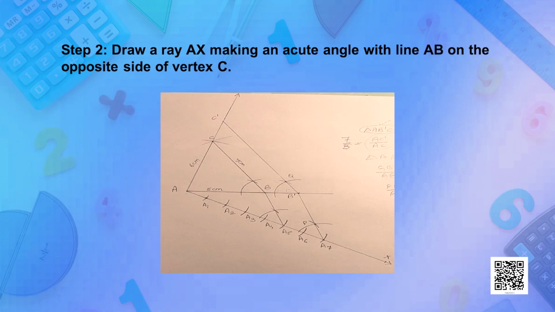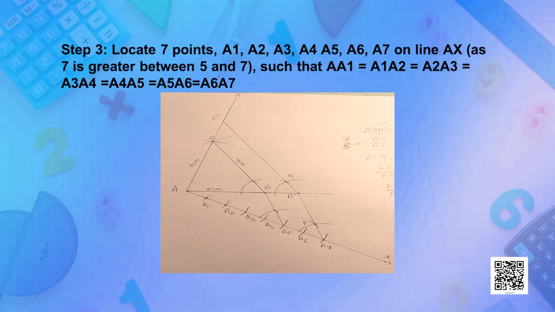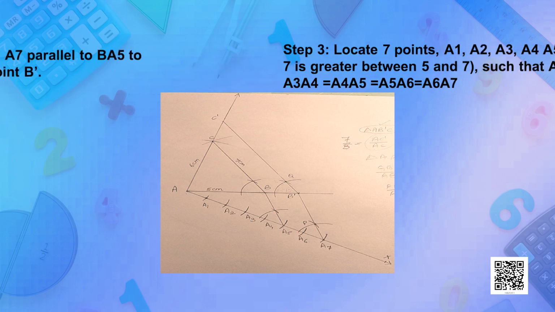Step 2 is to draw a ray AX making an acute angle with line AB on the opposite side of vertex C. Next step, locate 7 points A1, A2, A3 up to A7 on ray AX such that AA1 is equal to A1A2 is equal to A2A3 and so on.